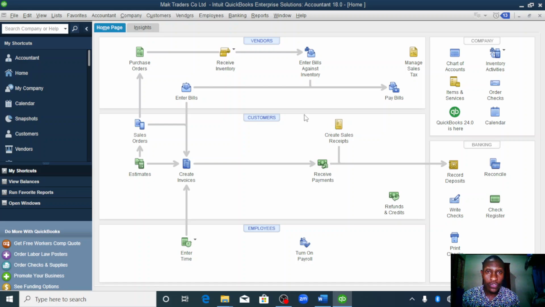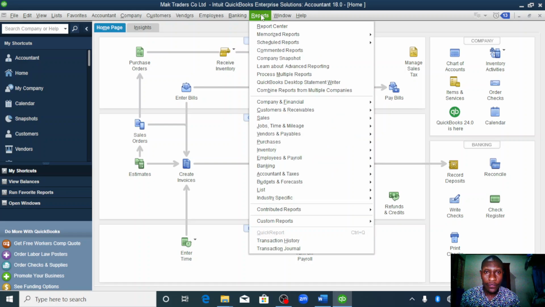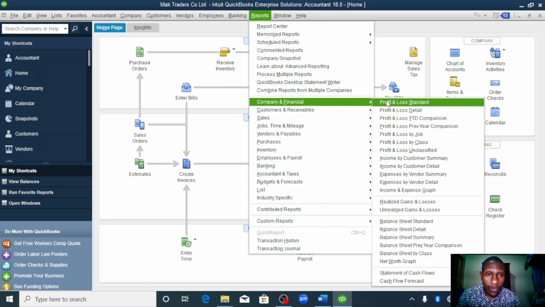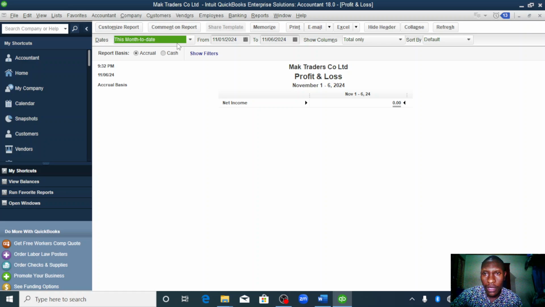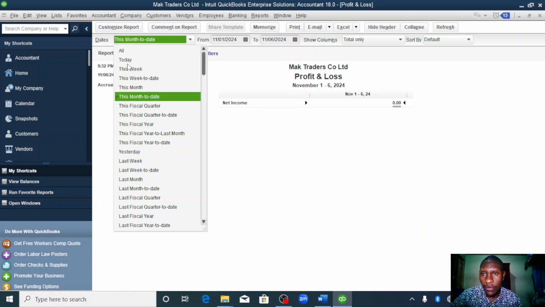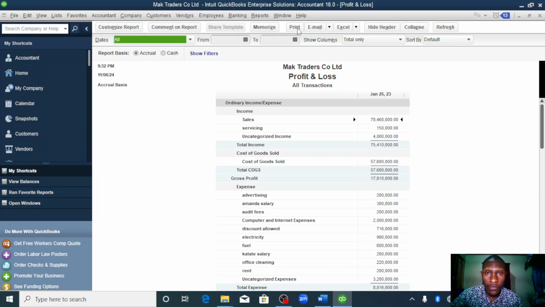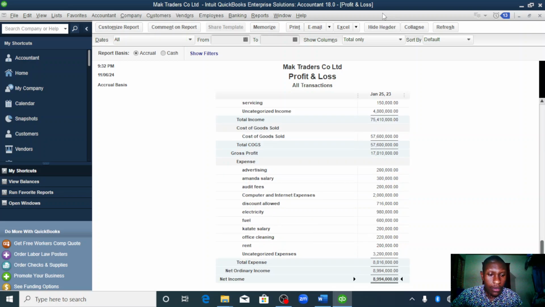So we go to reports. We go to company financial. We go to profit and loss standard. We click there. We come here. We click on all, and then we display the content. Then we go to Excel.